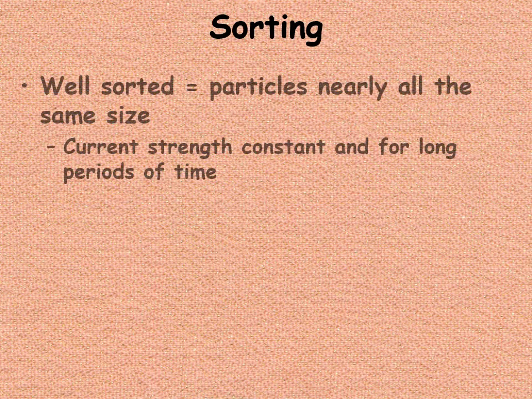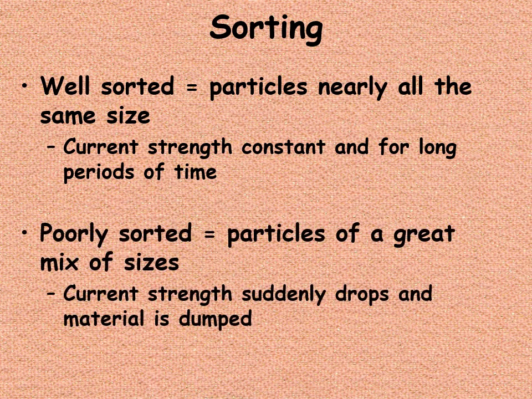Now a well sorted deposit means almost all the particles are of the same size, so it indicates that during deposition of those particles there was a constant current strength for a long period of time.